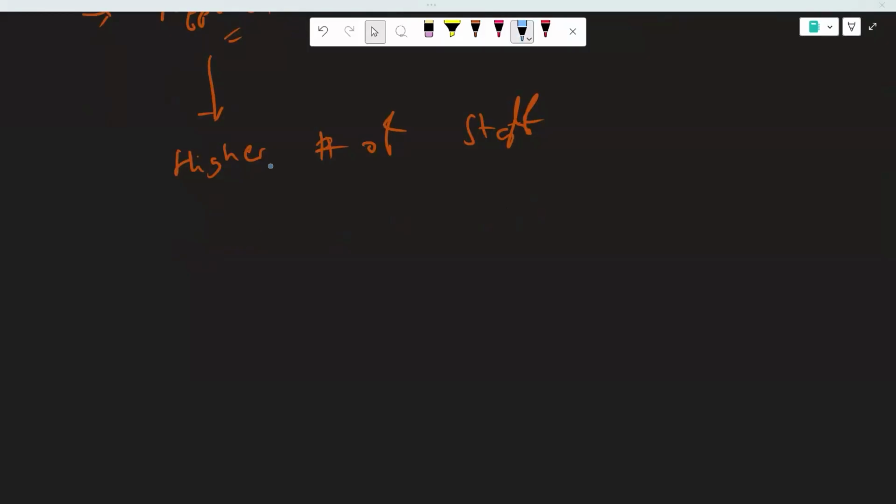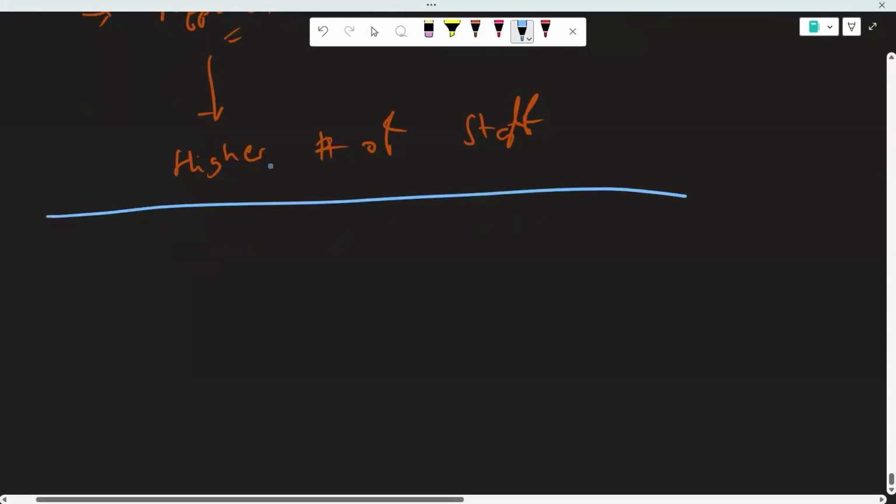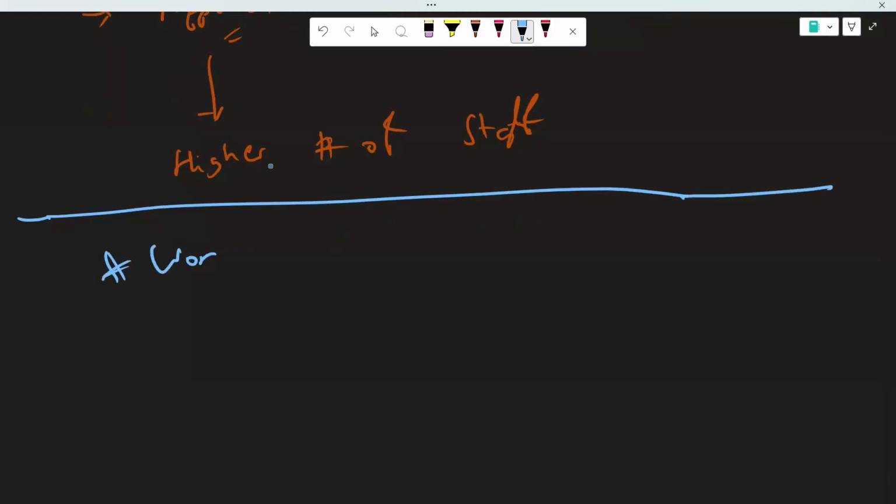Okay, let's go a little deeper into how Word2Vec uses predictions. Like how does it work?